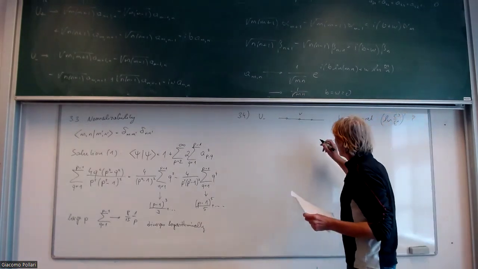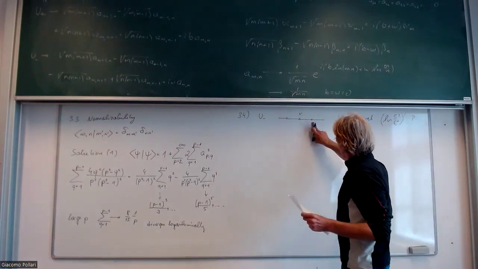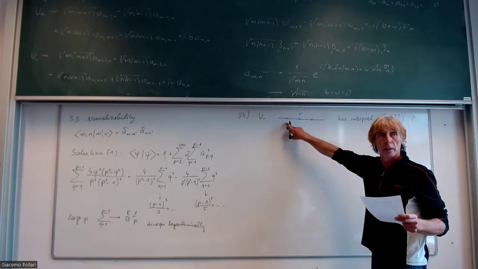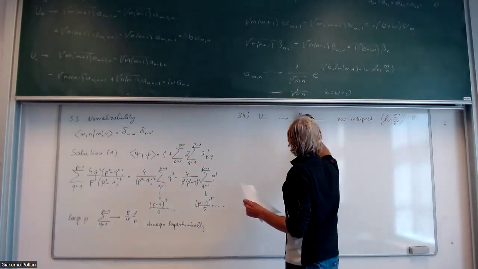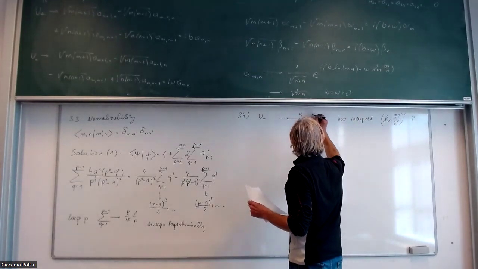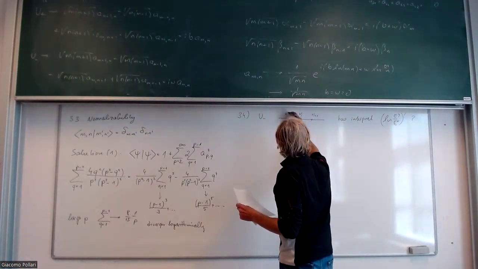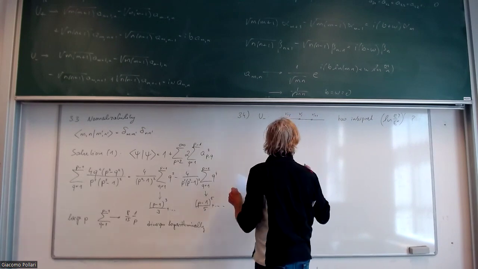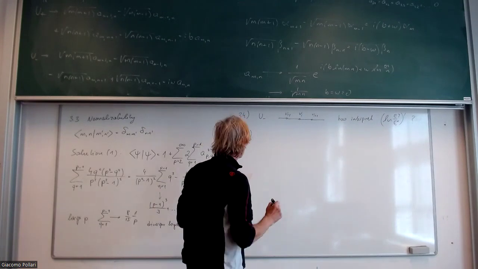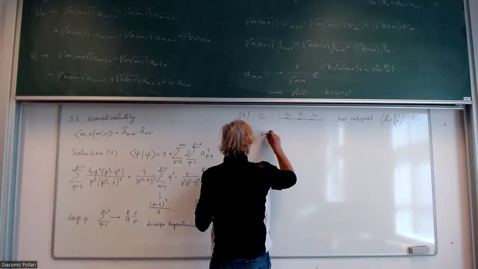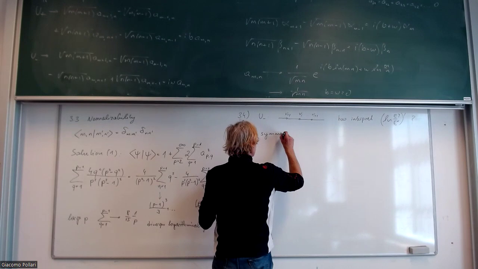We can take other values here, left and right. Let's denote it by pi, and we have pi plus 1, and pi minus 1. So as a first possibility, we take a symmetric difference.